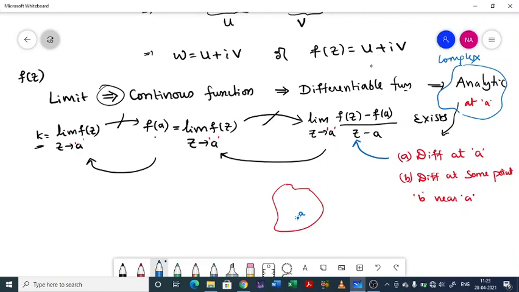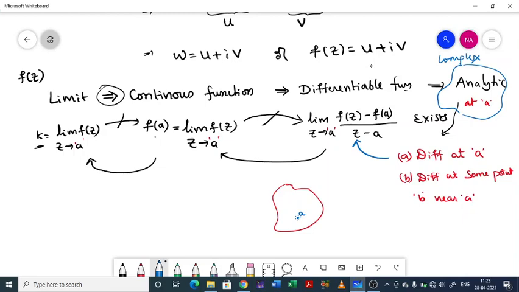So this is about the basic ideas of complex functions. Here in our syllabus, the main concept we have to start with is the derivative of an analytic function. Given any analytic function, can we find its derivative easily? That is the first concept we are going to discuss.